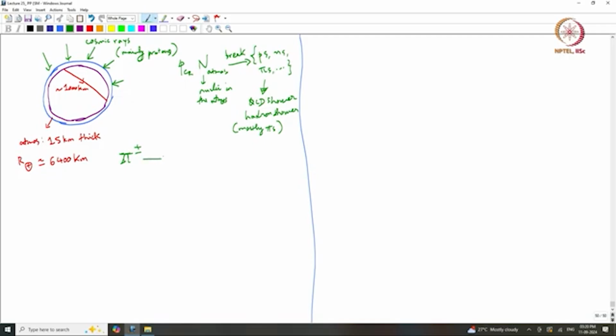What was that? It is a muon. The pi plus goes to a mu plus and the pi minus goes to a mu minus, correct? And if you produce a mu plus, you get an antineutrino of muon flavor. If you produce a mu minus, you get just a neutrino, again of muon flavor, correct?